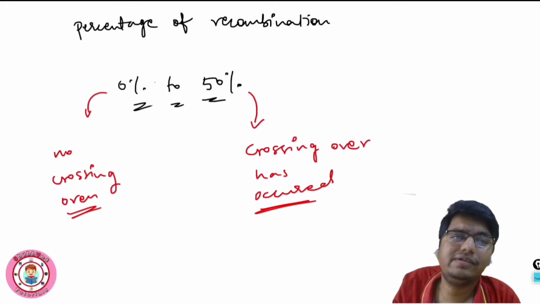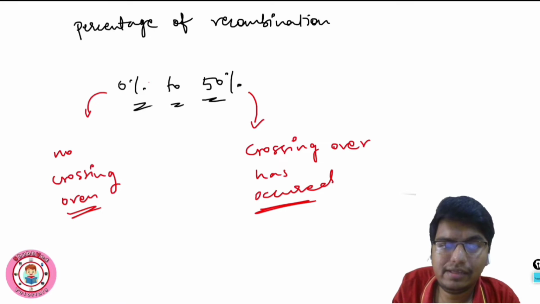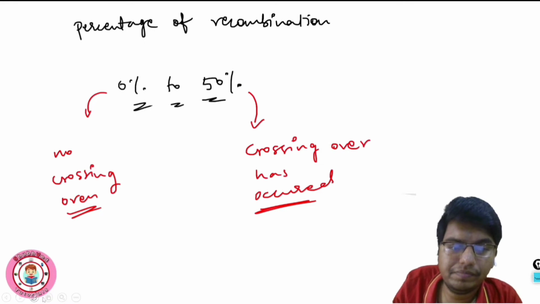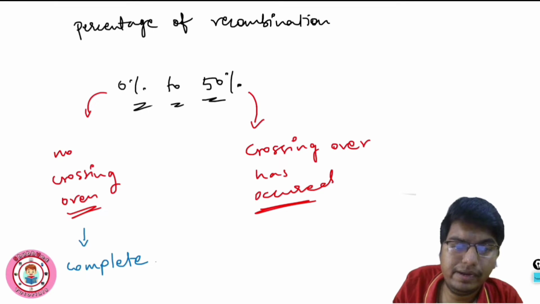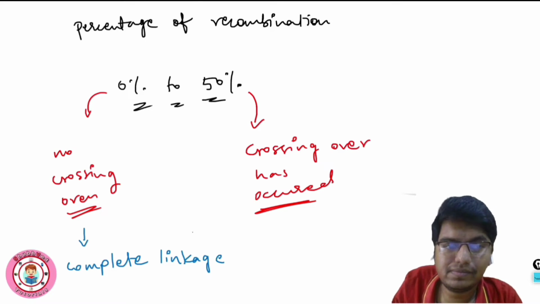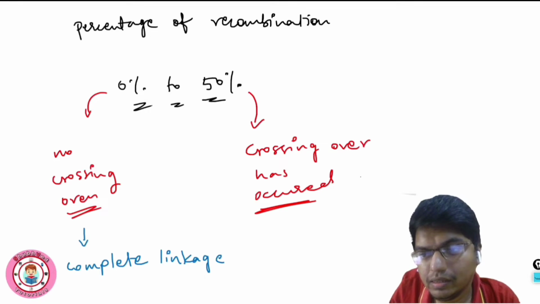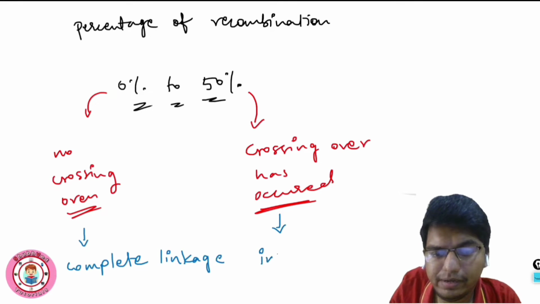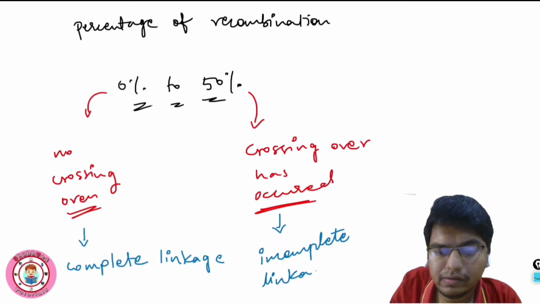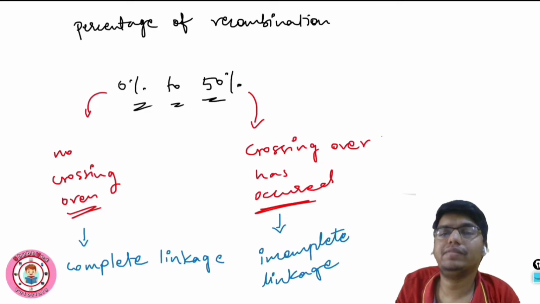So when we will see 0%, it is the case of complete linkage, and this is crossing over, incomplete linkage. Got it? So this is the case.